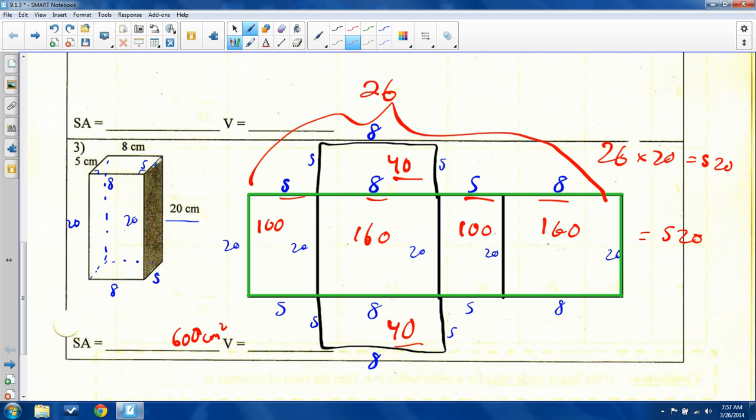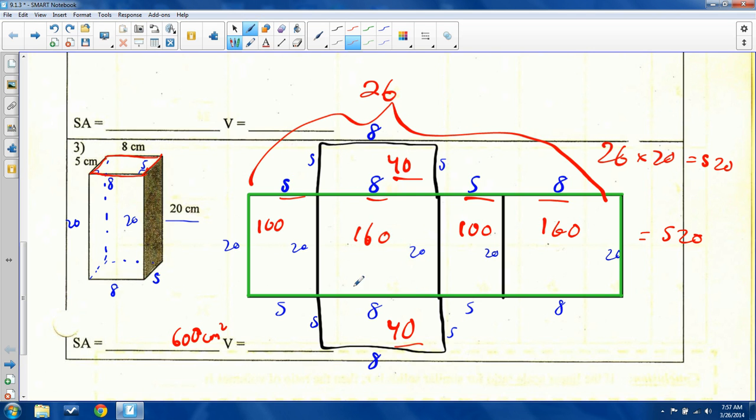When I unfolded this, look at these top numbers: 5, 8, 5, 8. Is that not the same as these four numbers here? 5, 8, 5, 8. Well, the answer is no, there is no difference. So if there's no difference, and I add these together and get a number, and then multiply it by that height right there, what am I really doing?